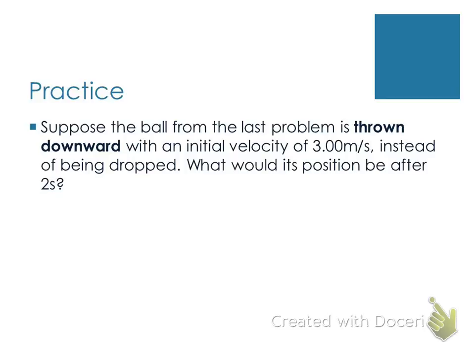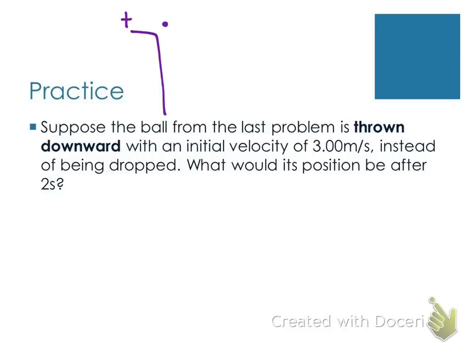All right, let's look at this kind of same situation here, but instead of dropping the ball, we're going to throw it downward with an initial velocity of 3 meters per second. So we still have our diagram here. We still pick our origin at the top.